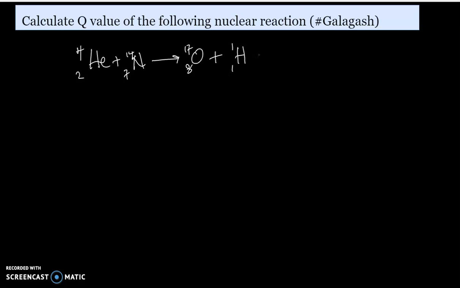Then usually we add the Q, because we are looking for Q. So how do you calculate the Q value of this reaction?